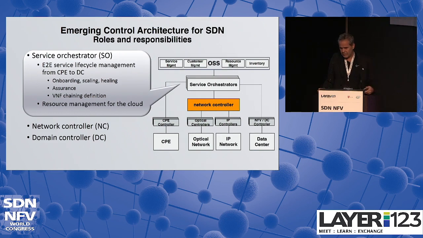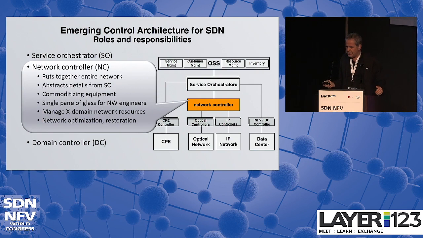It just wants an abstract view of the network, but it needs to understand a lot more of the end-to-end service aspects. Okay. The network controller function is the stuff that really puts the network together. It understands the different domains, puts this whole puzzle together, understands how everything is connected, understands what the resources are that do not belong to any of the domains, but rather are the inter-domain connectivity between IP domains, between optical domains, across different layers.